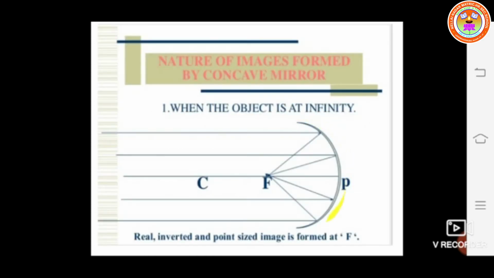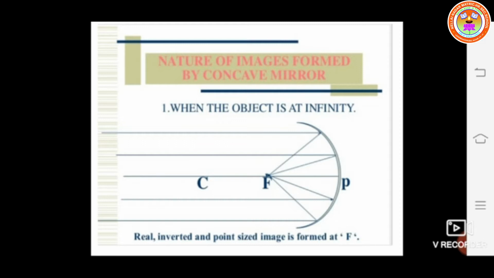This is a concave mirror. For the concave mirror, first you need to mark the center of the curve, that is the pole, which is not the letter P, and then you need to draw the principal axis.